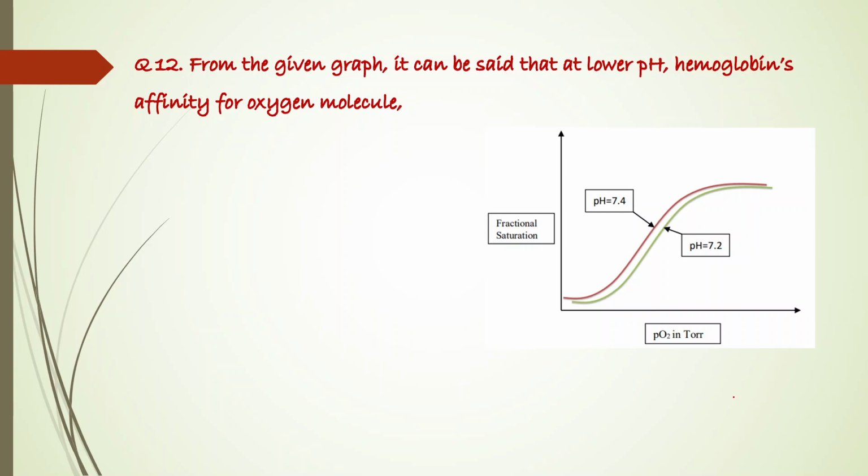So this is your next question, where it states, from the given graph, it can be said that at lower pH, hemoglobin's affinity for oxygen molecule is what? Whether it increases, decreases, remains the same, or depends on the blood type. So what is it talking about? At lower pH, what happens to the affinity of hemoglobin for oxygen?